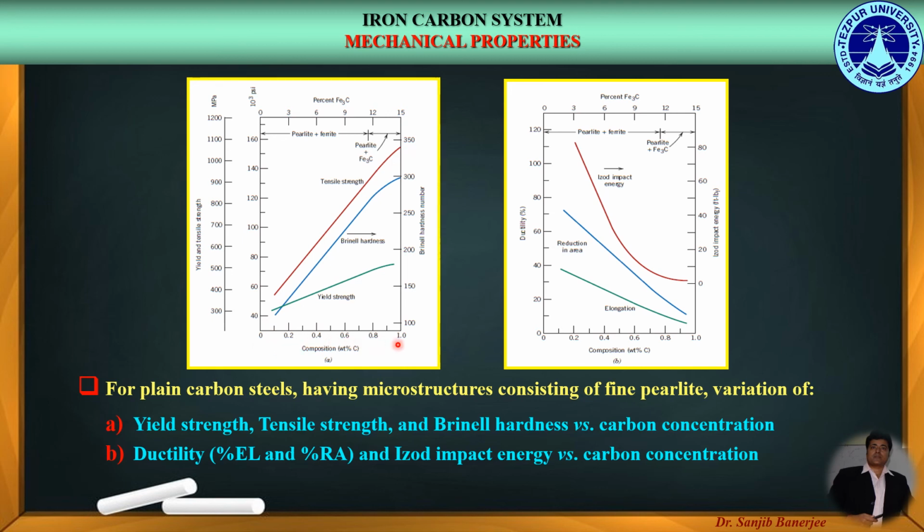In the second figure, we can see the variations in ductility in terms of percentage elongation and percentage reduction in area, as well as the Izod impact energy with respect to the carbon concentration, where we can see that opposite to the trend in strength and hardness, ductility and toughness decrease with increase in carbon content.